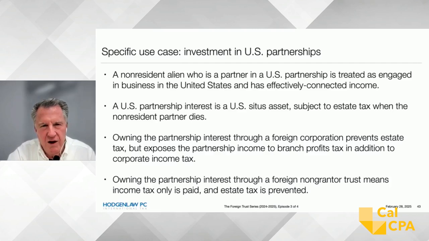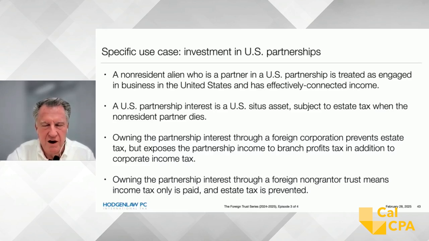Here's a situation where I think it is specifically interesting to use this. A lot of people will buy into U.S. partnerships, hedge funds, real estate investment partnerships, things like that. And the non-resident alien is going to have U.S. source income from the partnership.